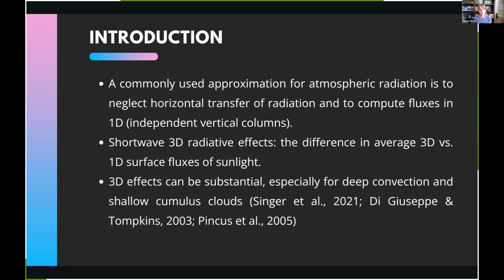Sometimes we call these 3D radiative effects. Today I'll be looking at shortwave 3D radiative effects for surface fluxes. This is the difference in the average 3D versus 1D surface fluxes of sunlight at the surface. These effects can be substantial, especially for broken cloud fields, such as deep convection and shallow cumulus clouds.